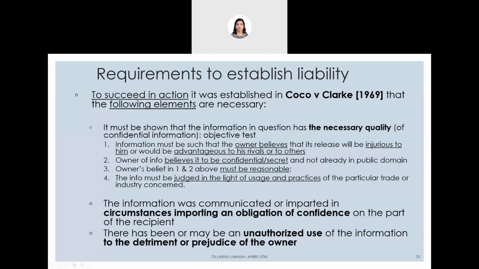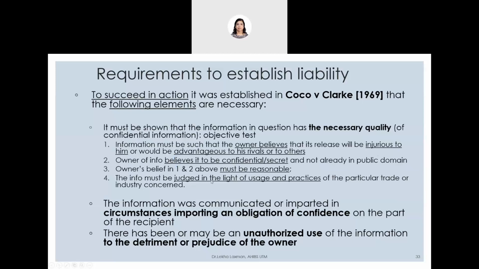Second, the owner believes that it is confidential, or is a secret, and it is not in the public domain. So these are the first two. One, if it's leaked, it's going to be injurious to him or advantageous to his competitors. Second, the owner believes that it is confidential. And then third, the beliefs number one and number two must be reasonable.